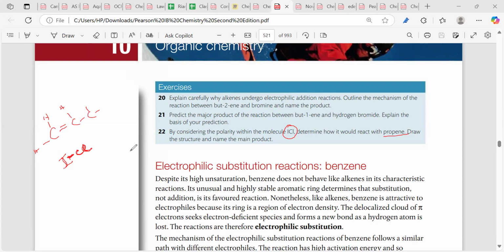Iodine or chlorine? Iodine. Very good. So iodine goes where? C1 or C2? It will be going to the carbon having more number of hydrogens, right? So C1.